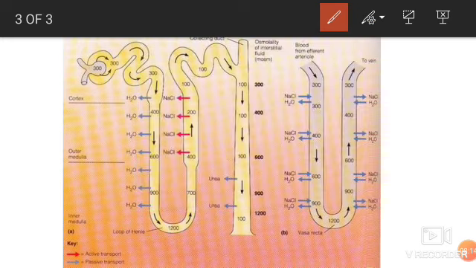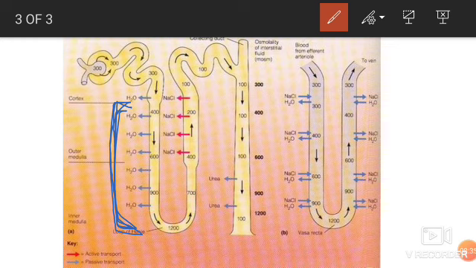When we see this descending limb, the amount of water reabsorption is much more. This descending limb of the loop of Henle is impermeable to sodium, whereas it is fully permeable to water.